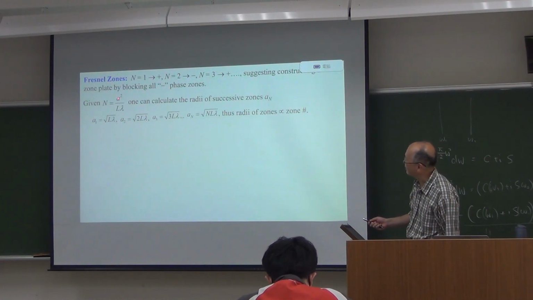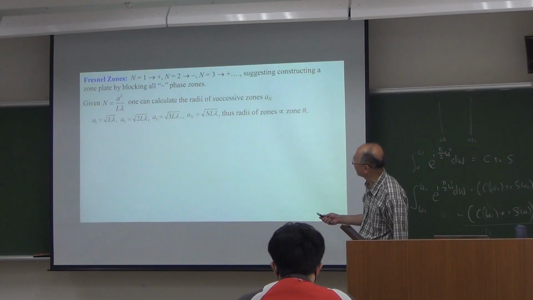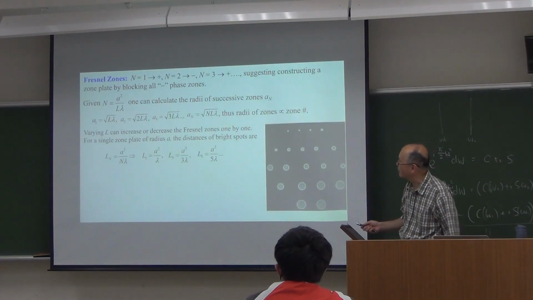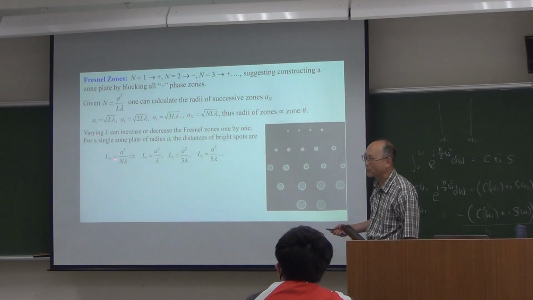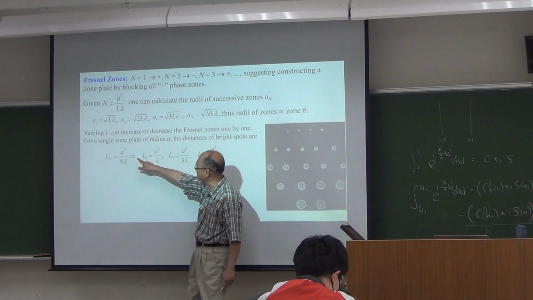So now, if we have an aperture A, then at location L, you can have a different Fourier radius, the radius of the successive zones. At this calculation, we still keep L as a constant. Okay, but then in fact we can allow L to be a variable. Given a Fourier zone, given the aperture radius, just keep this aperture to be a constant.